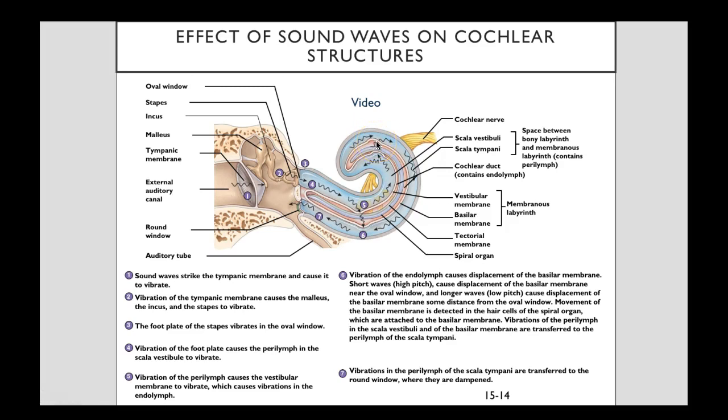As the endolymph is moving, that basilar membrane is vibrating and the hair cells are being picked up by the spiral organ or organ of Corti, and those vibrations will also be transferred over to the perilymph in the scala tympani. Those vibrations will then be transferred to our round window here where they are going to dissipate.